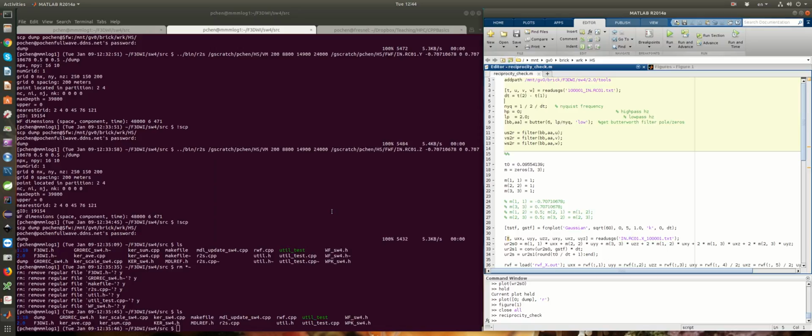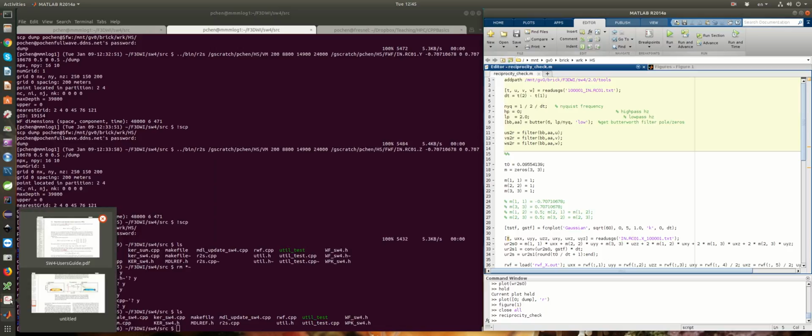If the reciprocity is valid, then the calculation of the sensitivity kernels using the scattering integral method is very likely to be correct, right? So validating reciprocity is quite an important step, just to make sure that the rest of the kernel calculations will be correct.